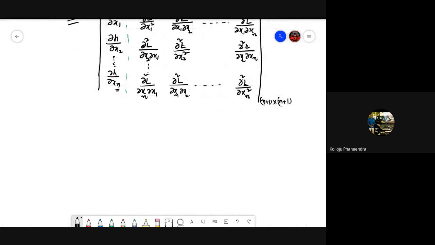Now, in this matrix, delta 3 means the third order principal minor.